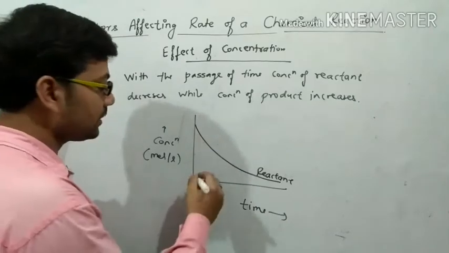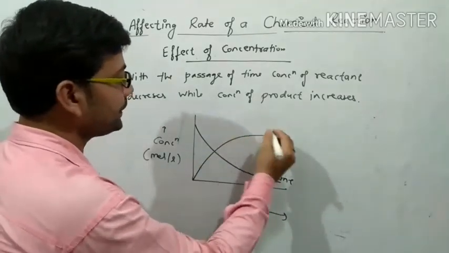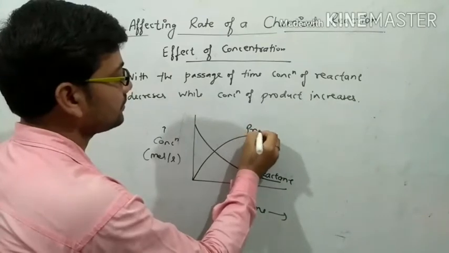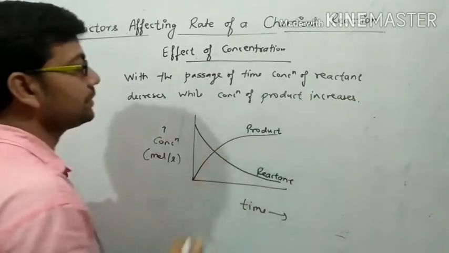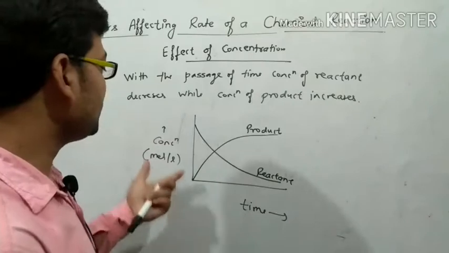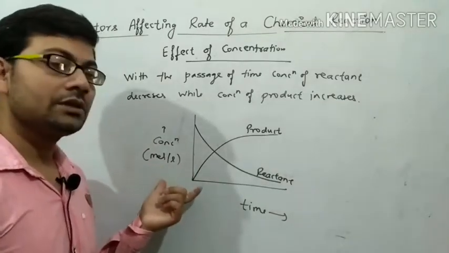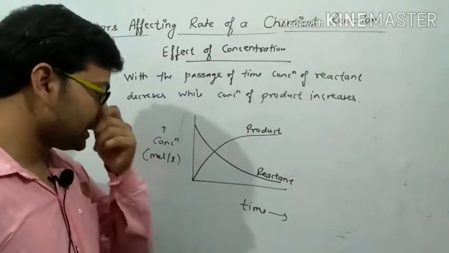While in the case of product, the concentration of product increases. So this is the graph plotted between concentration and time.